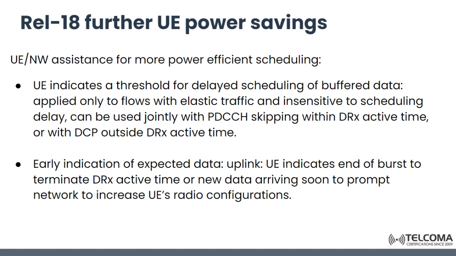It is applied only to flows with elastic traffic that is completely insensitive to scheduling delay. This can be used jointly with PDCCH skipping within the DRX active time, or with TCP outside the DRX active time.